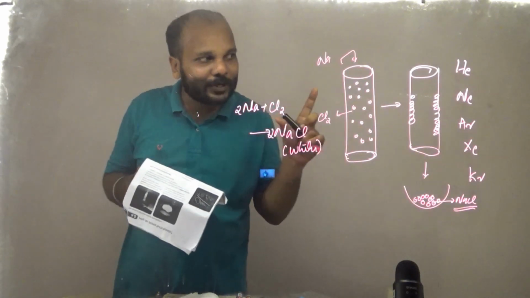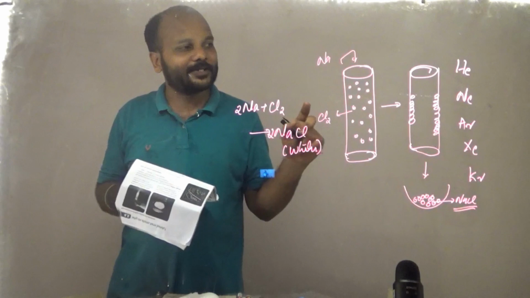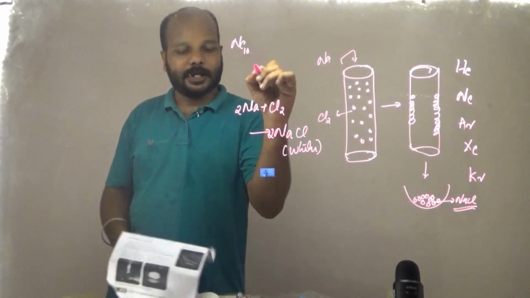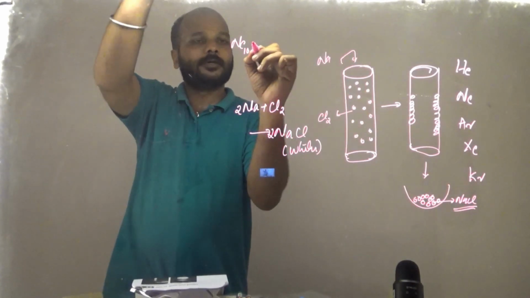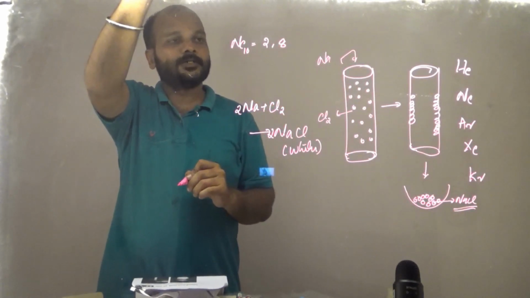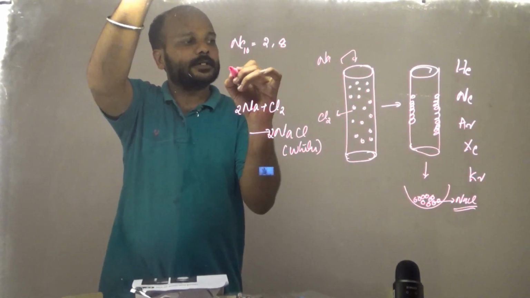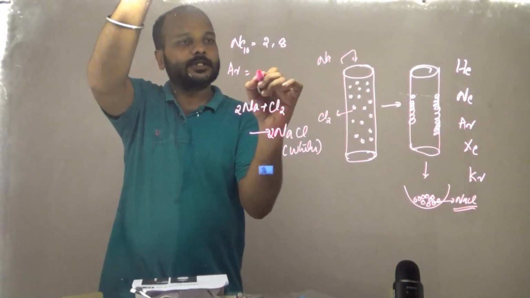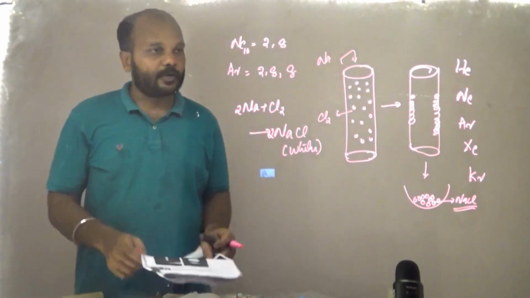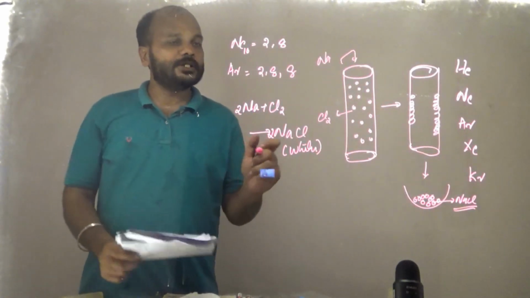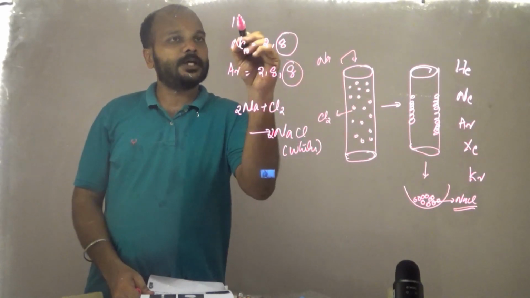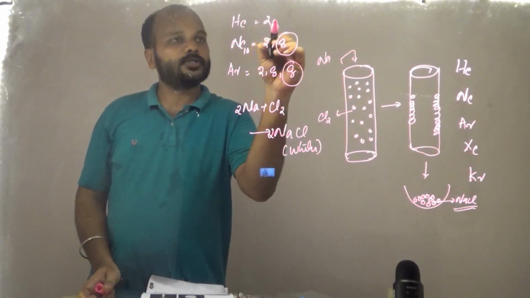So we can look into their electronic configuration. Neon, atomic number 10, has the electronic configuration 2 8. Argon, if I check it, is 2 8 8. This is the electronic configuration for argon. You can see in the outermost shell of helium, it has 2 electrons.